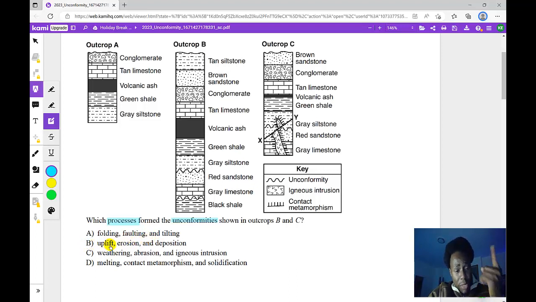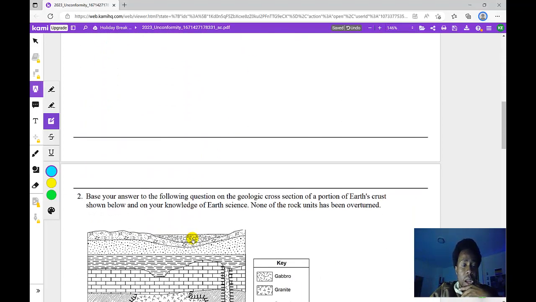B says uplift, erosion, and deposition. Yeah, it's more like B to me. Weathering, abrasion, and igneous intrusion, no. Melting, contact metamorphism, and solidification, no. So our correct answer here is definitely B. Uplift, erosion, and deposition. All right, question number 2.